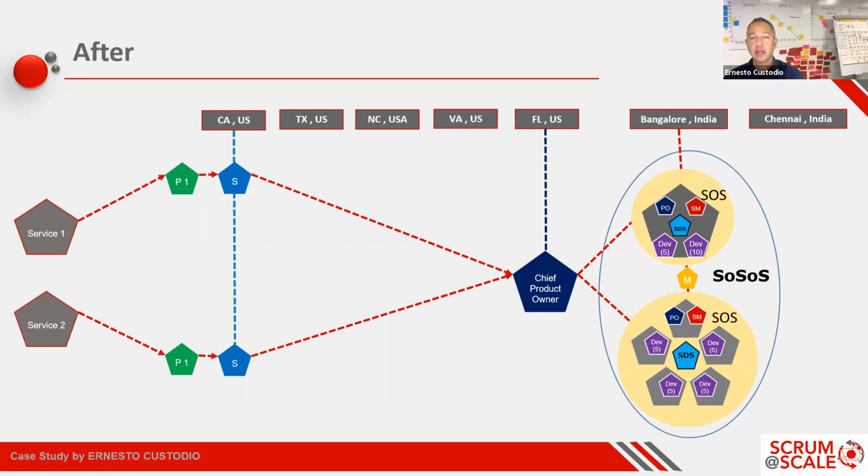So as far as the final step that we took, we had an interim step where we pivoted based on what we observed. We began the consolidation process, so we completed the consolidation process by having the chief product owner sit in Florida and minimize the number of stakeholder representatives so that there would be a primary stakeholder.